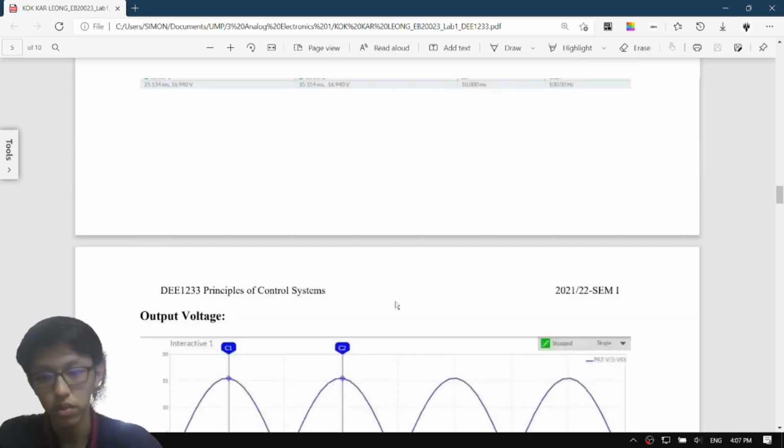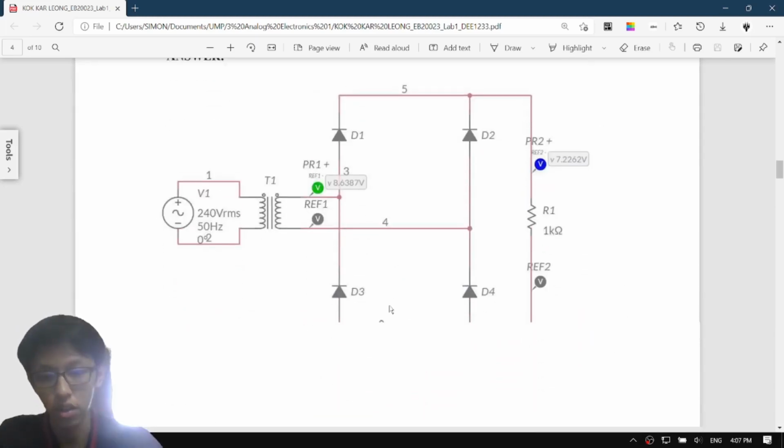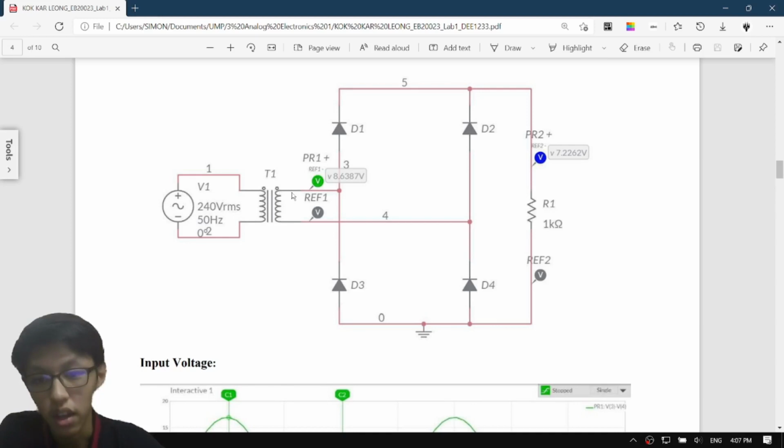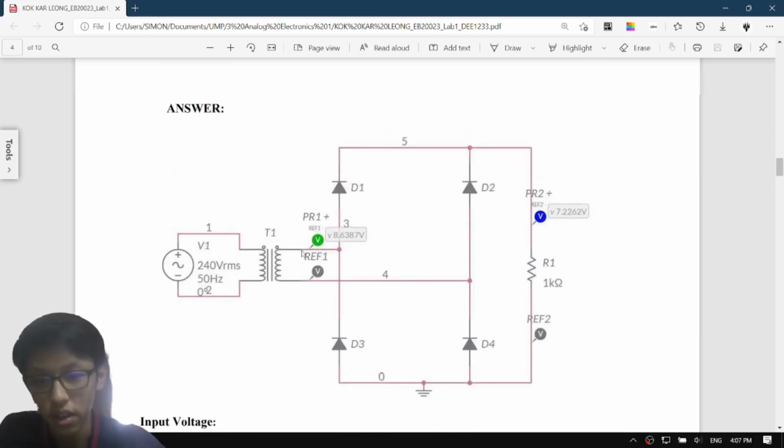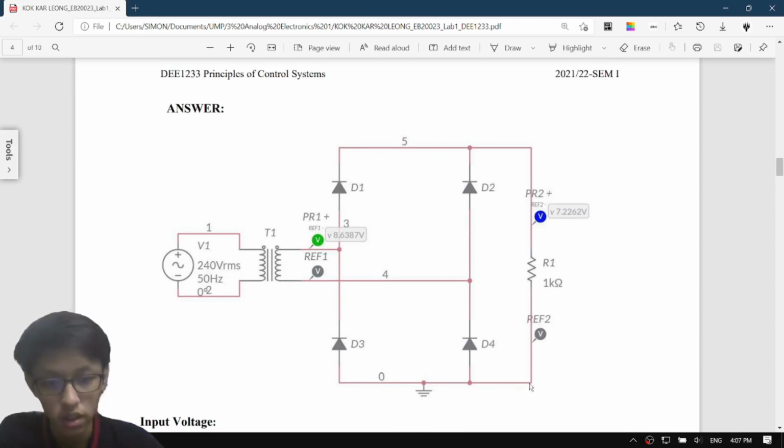So next about the diode. First, in the positive cycle, the current flows to diode D1, and next flows to the resistor, and then flows through the diode D4 and flows back to the transformer.